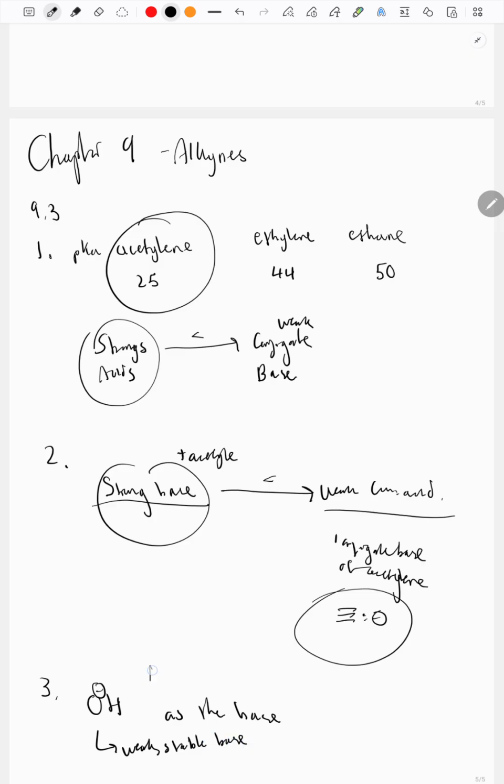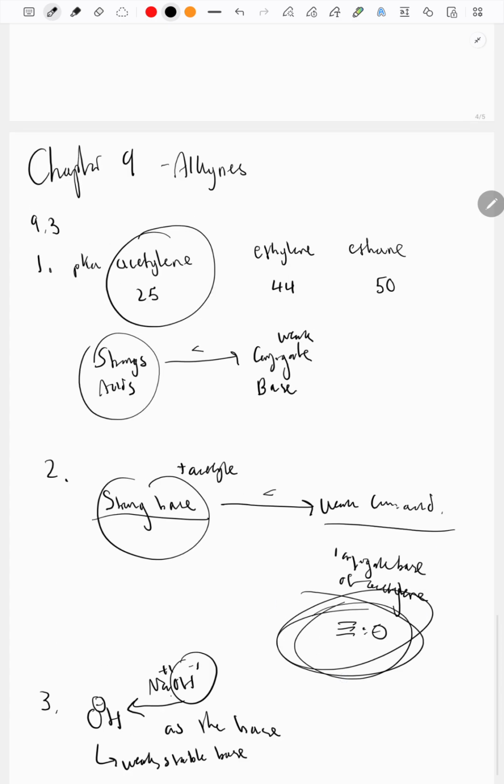Things like NaOH are ionic, so this will be plus 1 and minus 1, and that is considered a weak, stable base. We can't use this to react with acetylene to make the acetylene conjugate base, which is what we want here, because this is a weak base, and we learned that equilibrium always shifts to the weak base.